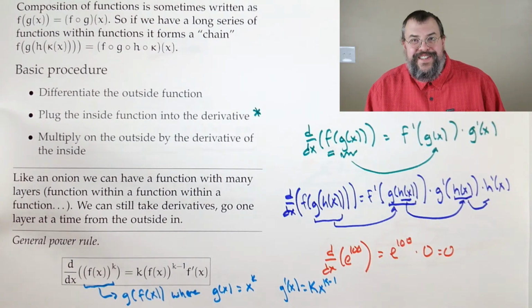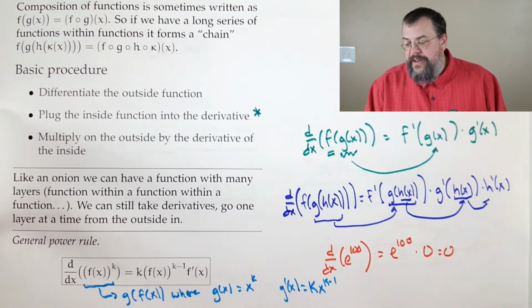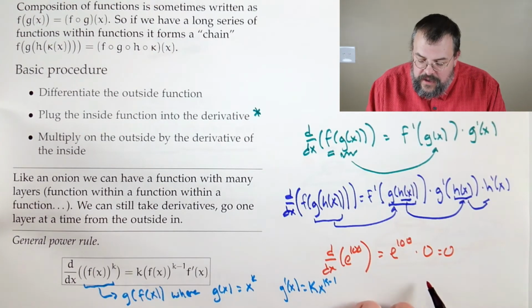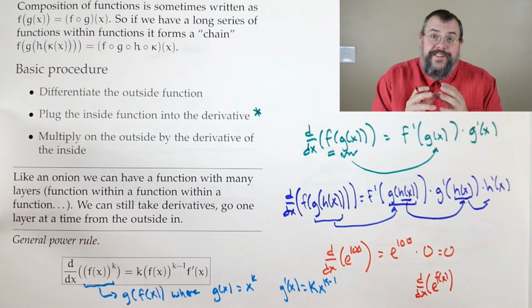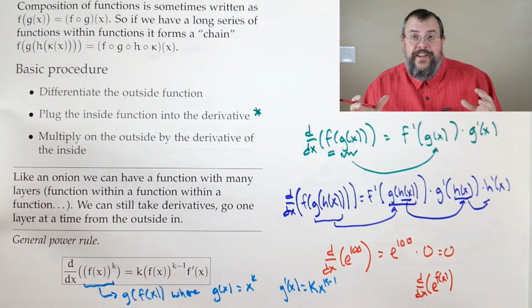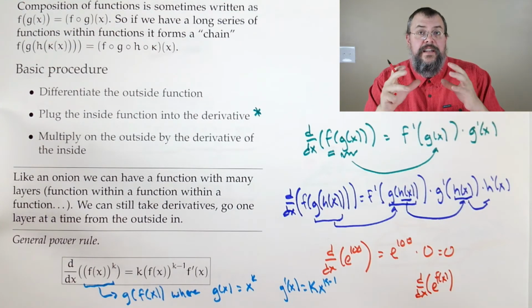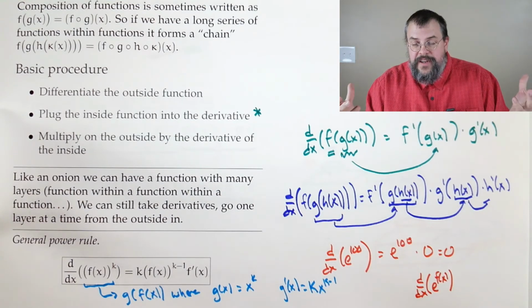You can make a whole bunch of these rules. You can say, well, what does the derivative of e to the f of x look like? We could just write that one down. We don't even have to put a lot of thought into it. So the derivative of e to the f of x, well, what's our inside? What's our outside? The inside is f of x. The outside function is e to the x, it's e to something.